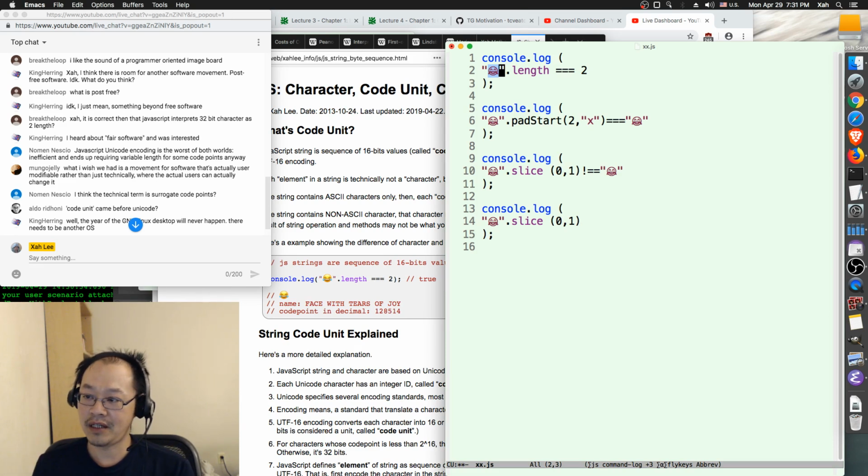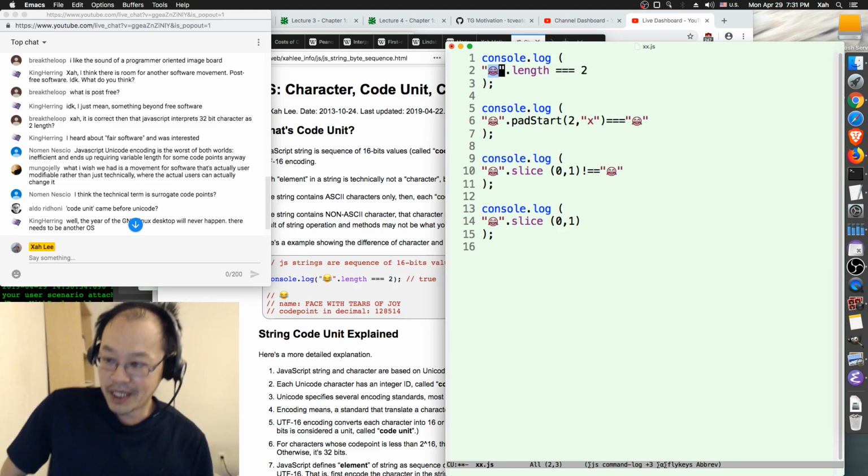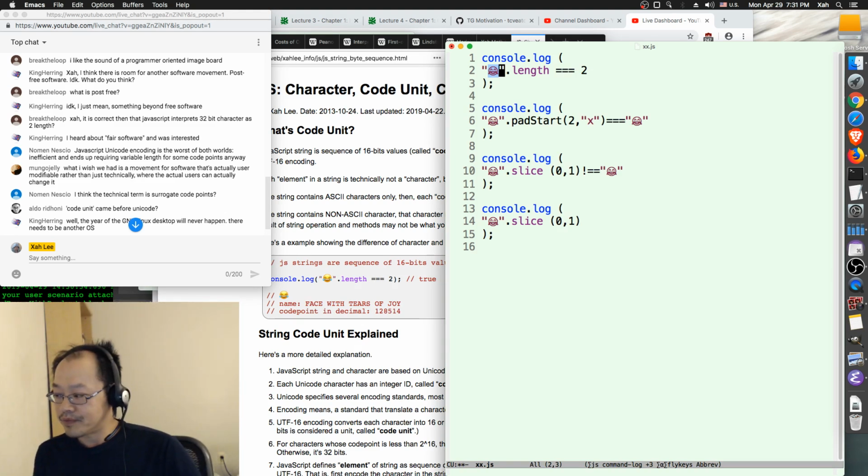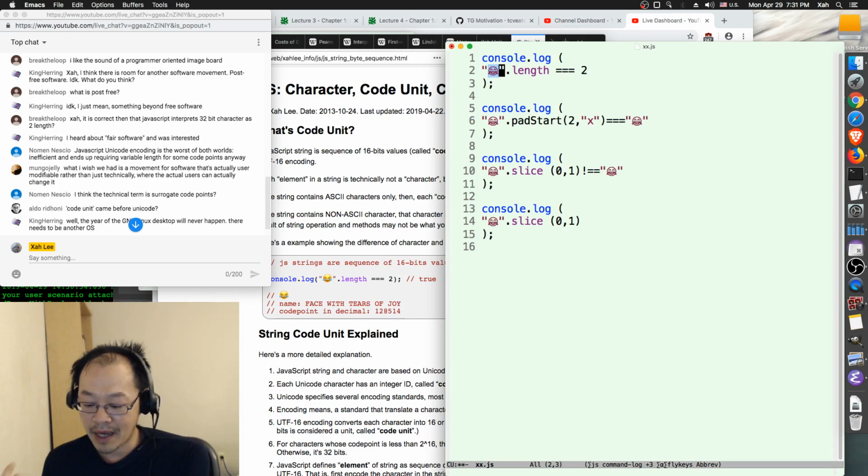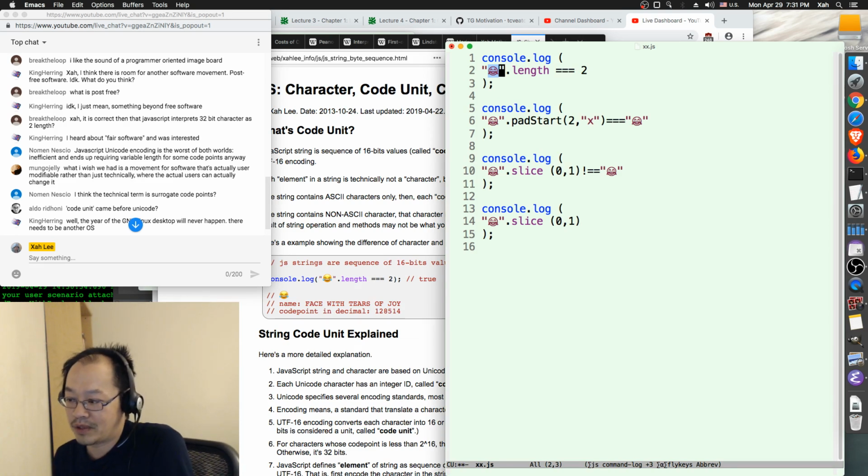Every character will become 32 bits, and that's it. So every character will have the same number of bits when it is encoded. It's the simplest one. However, the disadvantage is that it takes lots of space. It takes more disk space, and it takes more memory to process it.